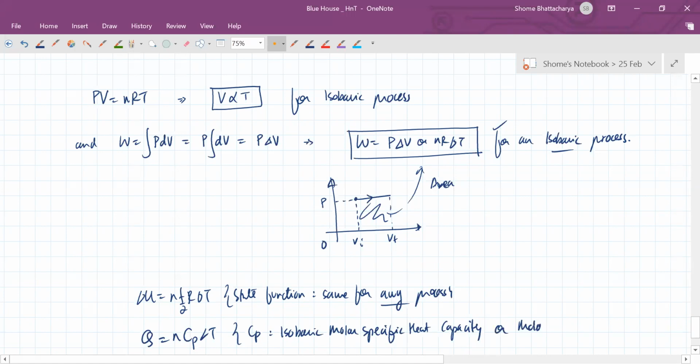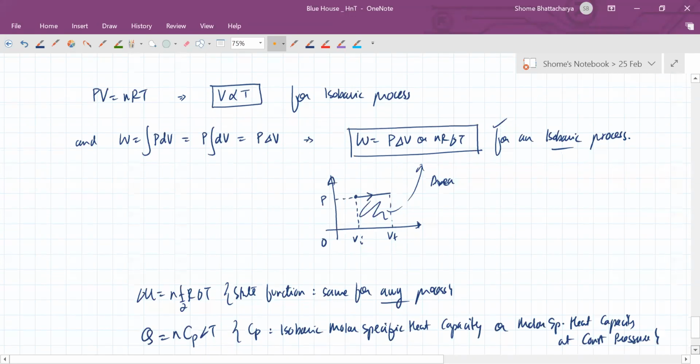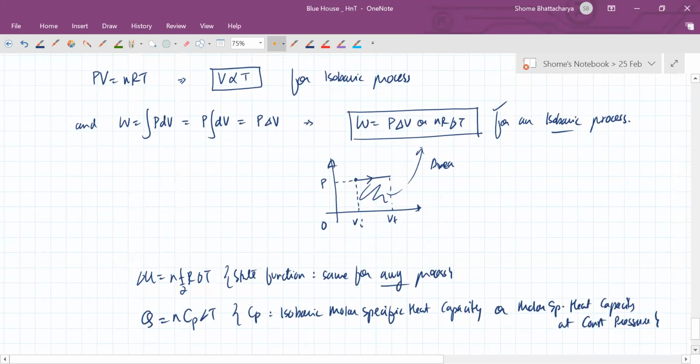Or molar specific heat capacity at constant pressure. So next, when we put together these formulae in the first law of thermodynamics, we will understand the value of Cp for an ideal gas.